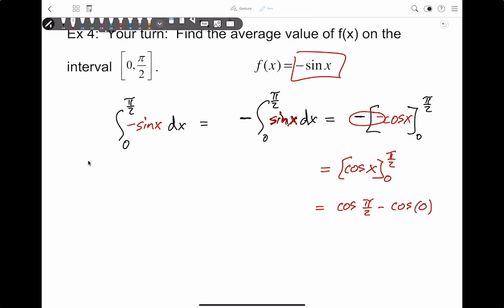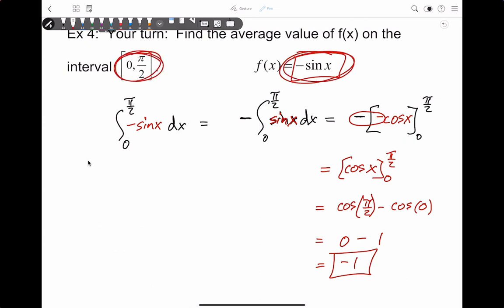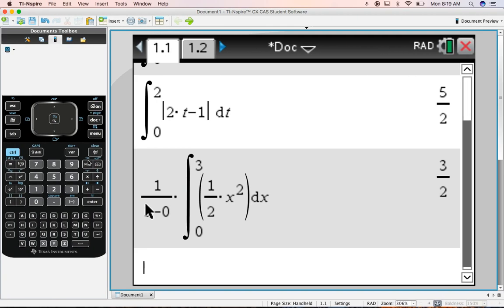The cosine of pi over 2 is 0. The cosine of 0 is 1. So this is going to be a negative 1. So the average value of this function on this interval, a to b, is going to be a negative 1. Let's go ahead and check it with our calculator real quick.